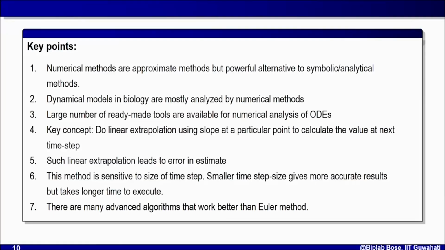If you take very large delta t, then you will have an erroneous result. If you take very small delta t, your result will be very good, but you have to remember your computation time will also increase.